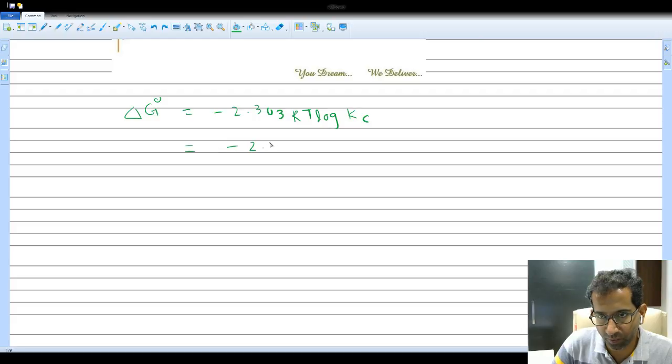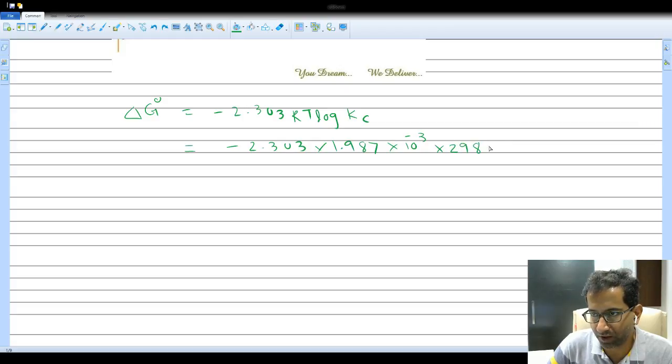Minus 2.303 into 1.987 into 10 raised to minus 3. Why? Because it is in kilocalorie. Standard condition is mentioned, so it is 298, and log Kc is log 0.5.